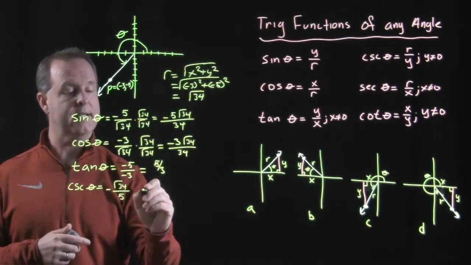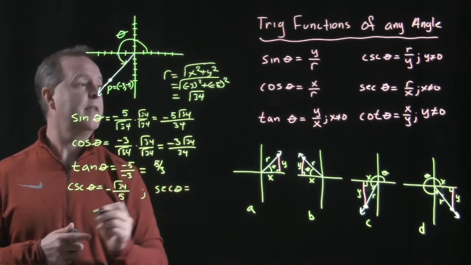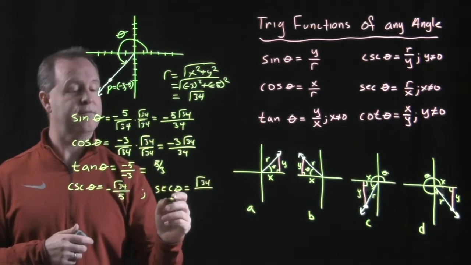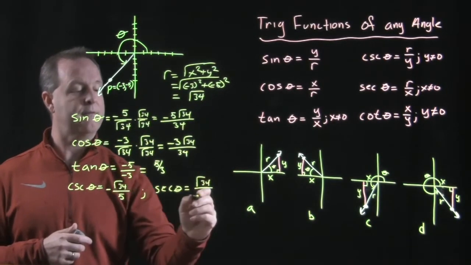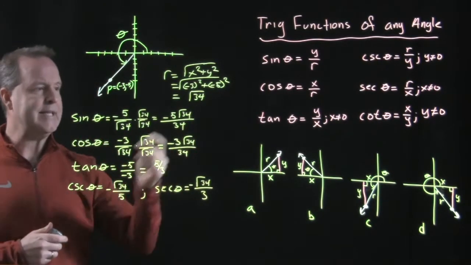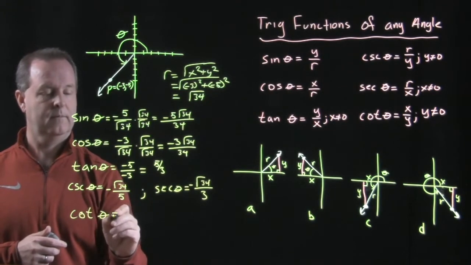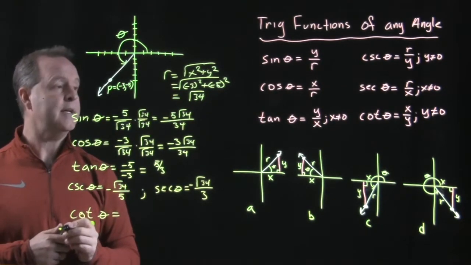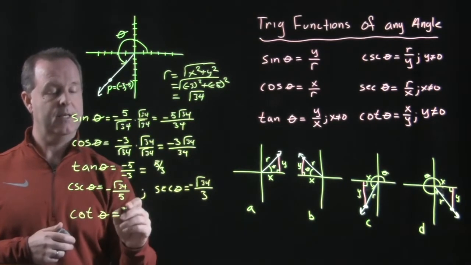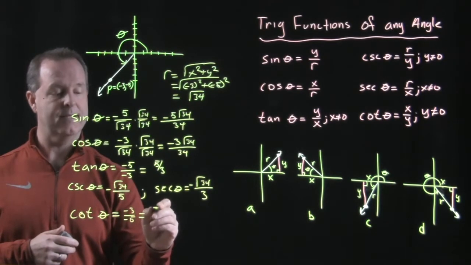If we want to look at the secant as well, that is my r value, my radius, over my x value, which is -3. And I'll put the negative out in front. Then lastly, the cotangent. Cotangent of theta is my x over my y, or the reciprocal of my tangent. So I have -3 over -5, and that simplifies to 3/5.